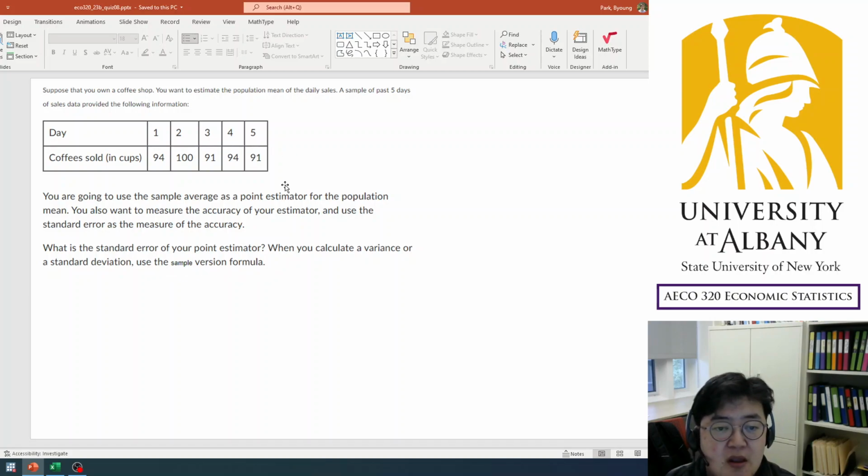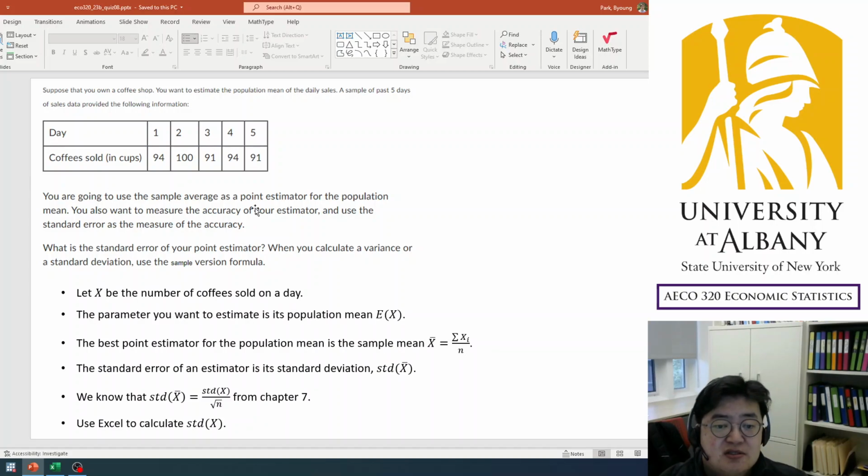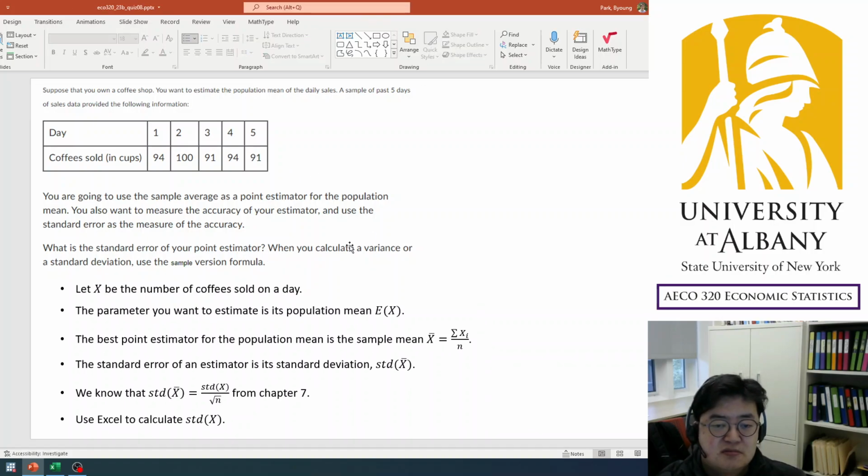Okay? So first, just to review what we have learned: when you estimate the population mean, we know that the sample mean is the best point estimator. That's one thing. And standard error is another name for the standard deviation when you do estimation, right? So let me think about the way we can solve this problem.